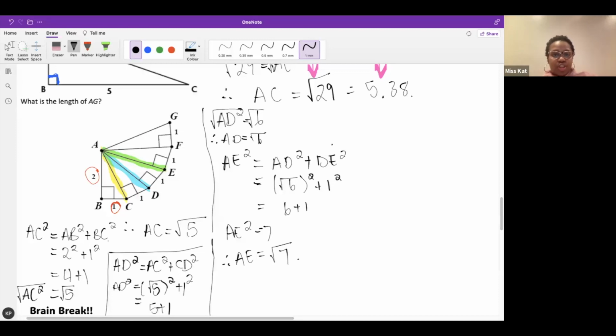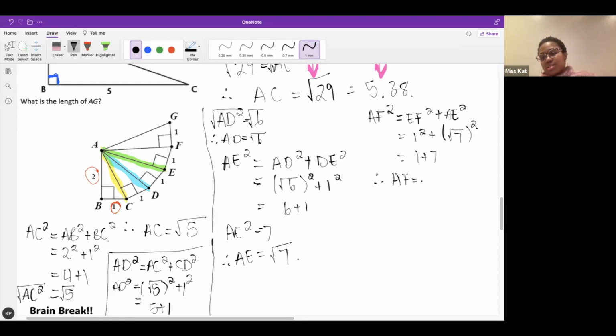So in triangle AEF, AF squared will be equal to EF squared plus AE squared. So that's 1 squared plus square root 7 squared. This will be 1 plus 7. Therefore, AF is square root of 8.